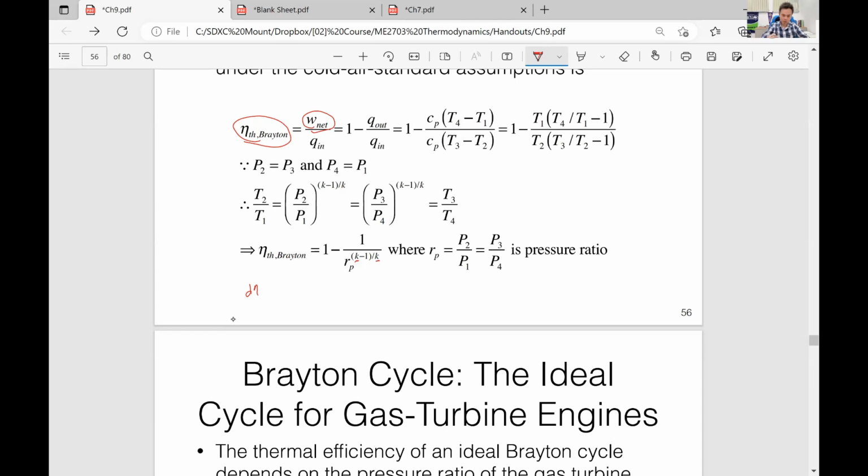So what we need to do is take the derivative and set it to 0. So it's the derivative of efficiency with respect to RP, and we set this to 0. So we know what the optimum RP is that makes the efficiency best.